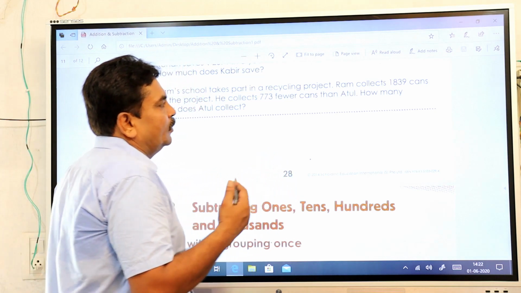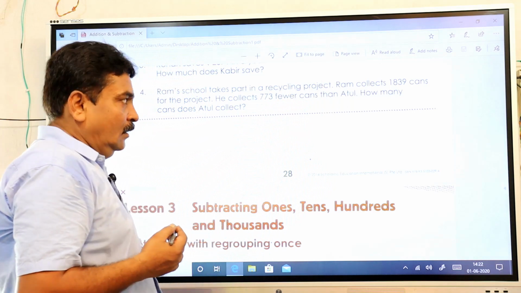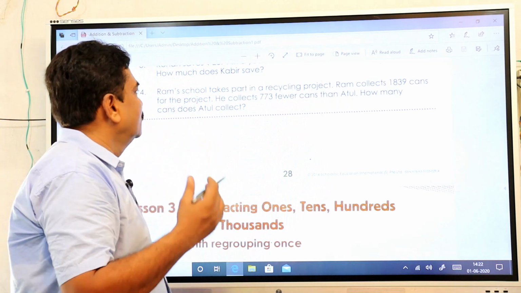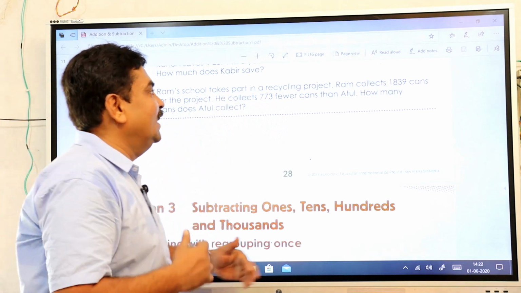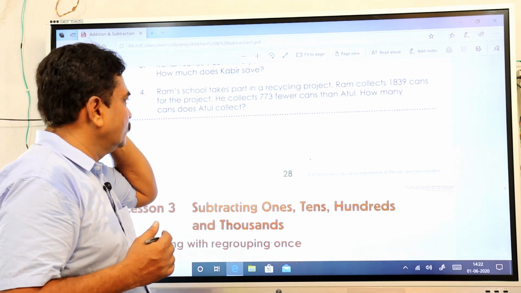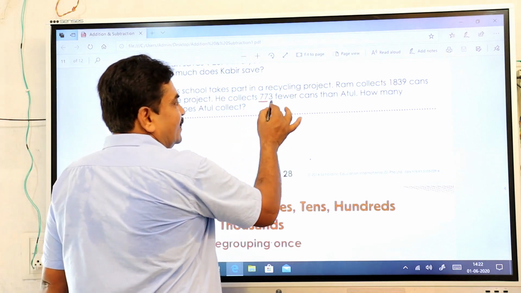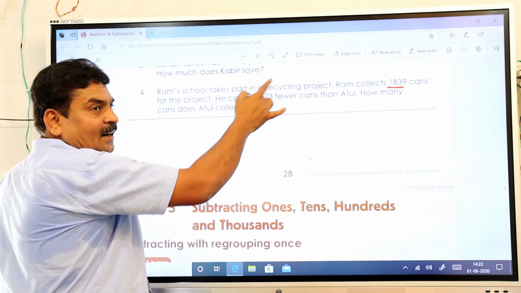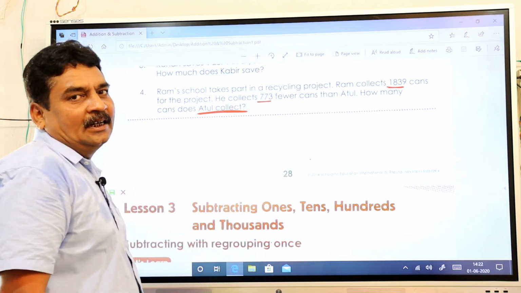It's very simple. You have to add these two. Whatever Atul collected, Ram collected 773 fewer after collecting 1839 cans. So how much did Atul collect? Atul collected more cans, and the total cans what Ram collected, if you add those two, you get Atul's collection.